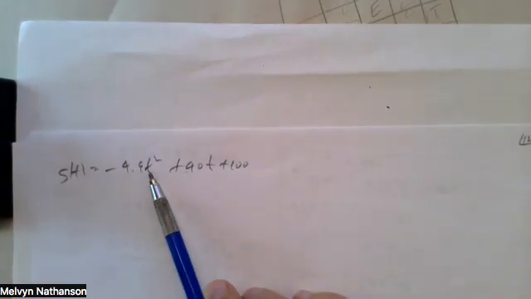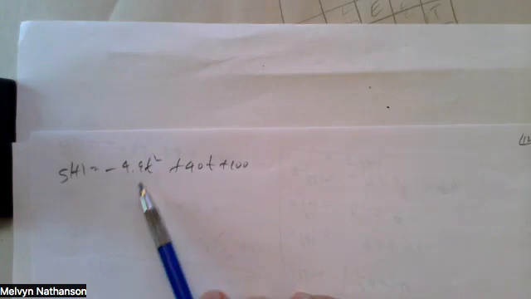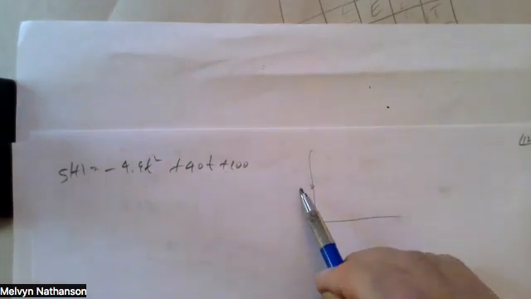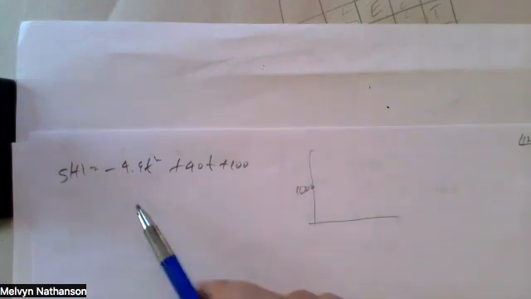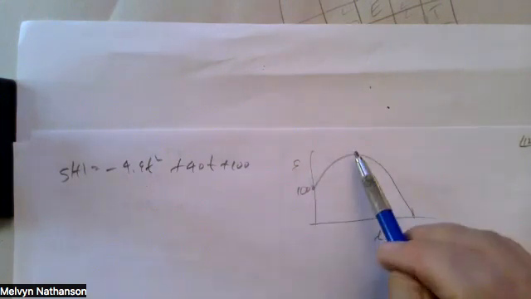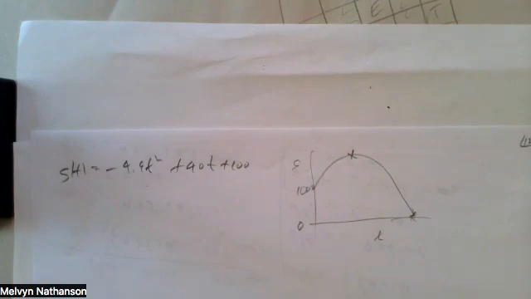Now, this is a quadratic polynomial in t, so it's a parabola. The leading coefficient of t squared is negative, so it's opening down. At t equals 0, it's at 100. So this position S is a position as a function of time. It's a parabola. At some point, it has a maximum height, and at some time, it hits the ground.